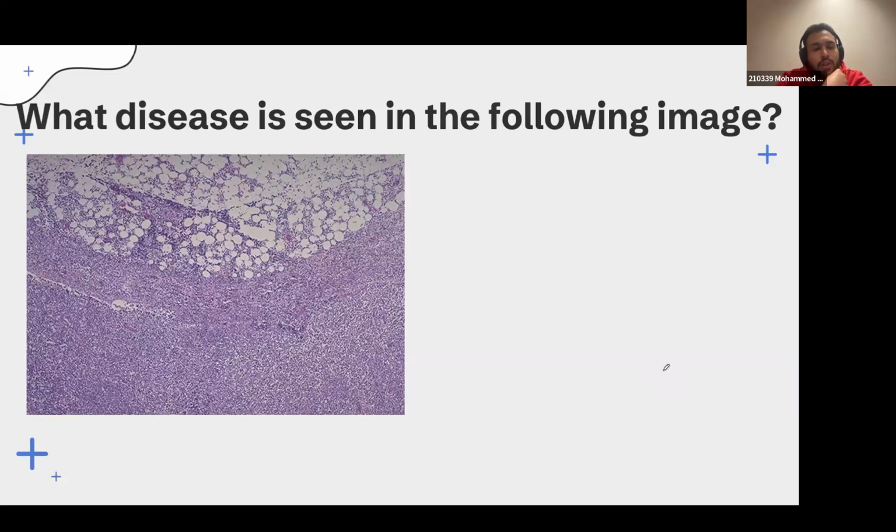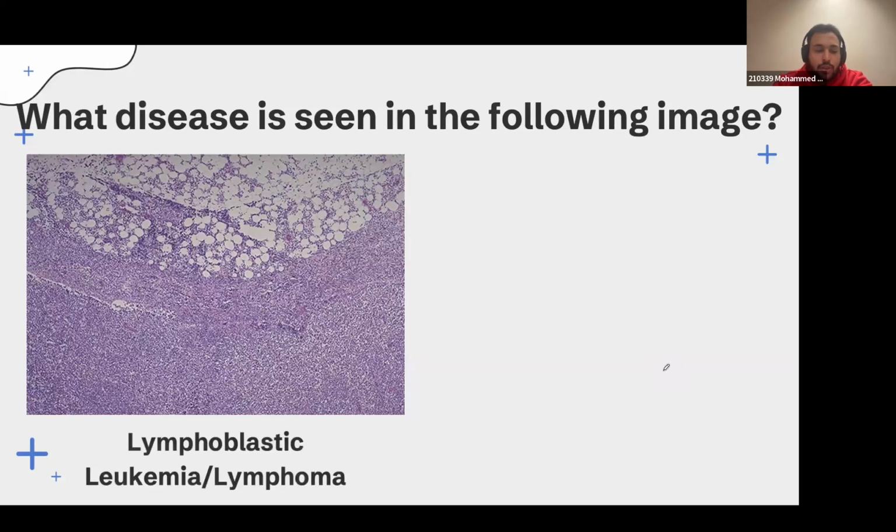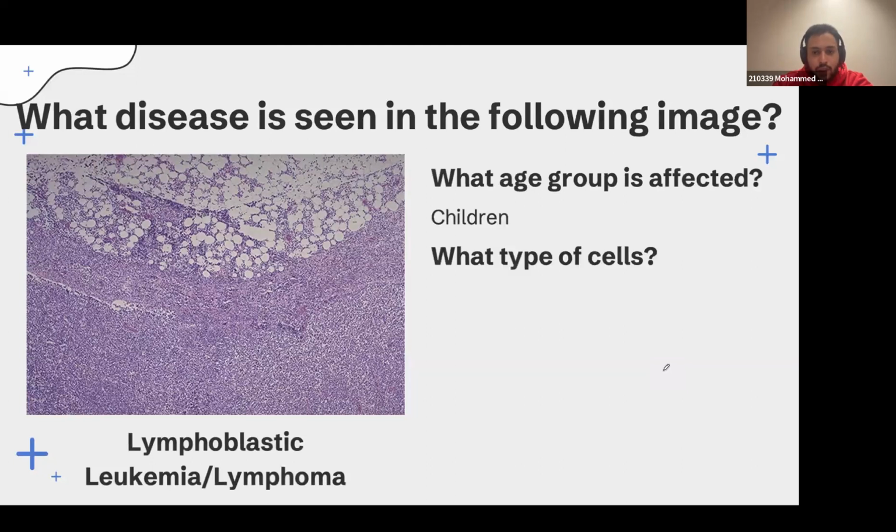Lymphoblastic lymphoma, good. I will just add acute to it, but anyways, good. Lymphoblastic leukemia or lymphoma. If this is a mass, it's a lymphoma, leukemia is in the blood, obviously. What age group is affected? I already mentioned children. What type of cells are these? It could be either. Okay, good.